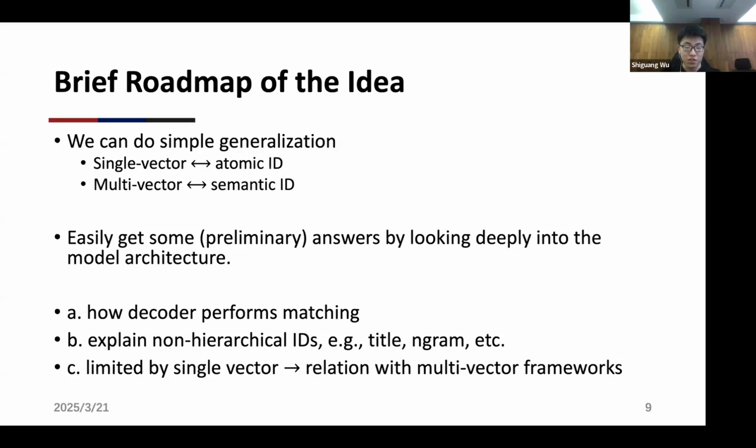Like we know how the decoder actually performs the matching, and we can explain all kinds of IDs, and we don't have to be limited by the single vector framework. We can find a relation with multi-vector frameworks. So this is the origin of our idea.